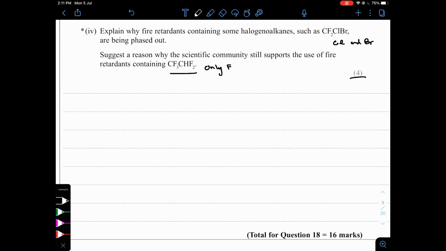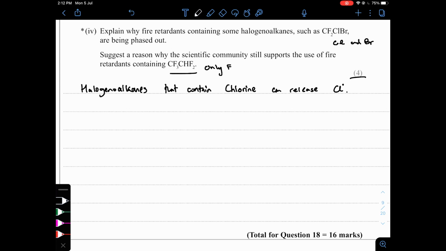So what can we see from this? We know that halogenoalkanes that contain chlorine can release free radicals. Halogenoalkanes that contain chlorine can release Cl free radicals, right? Now, why is that a problem?